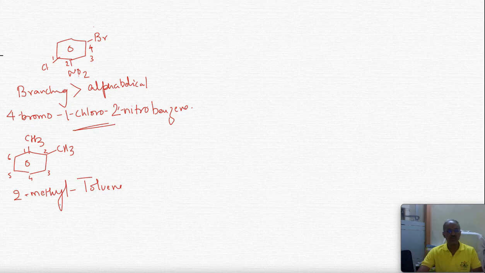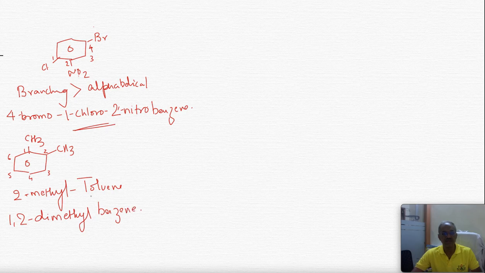Either you can write 2-methyl toluene, or you can say 1,2-dimethyl benzene. This also is an IUPAC name.